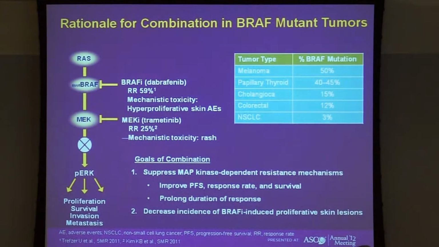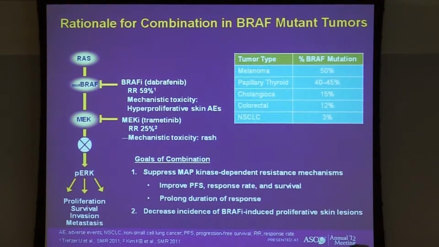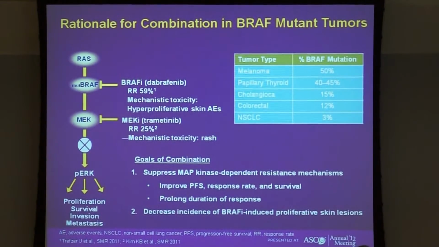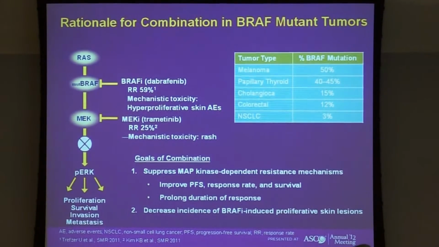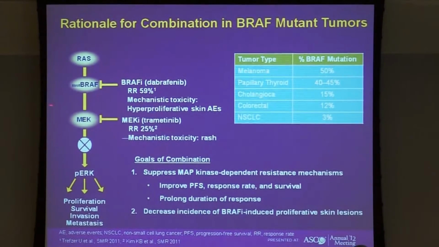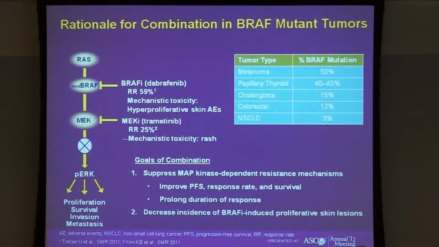But the interesting thing is that these 2 types of agents have been able to be combined without horrendous toxicity. In fact, probably with somewhat a decrease in toxicity. There's certainly a lot of rationale. You're blocking the same pathway at 2 different points, and hopefully it'll improve the time it takes for the disease to become resistant to your treatment.